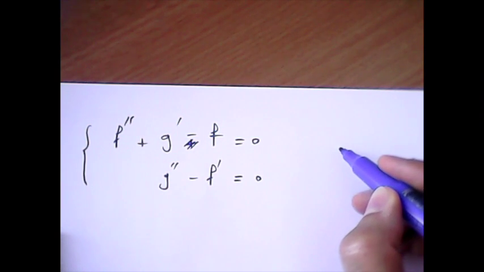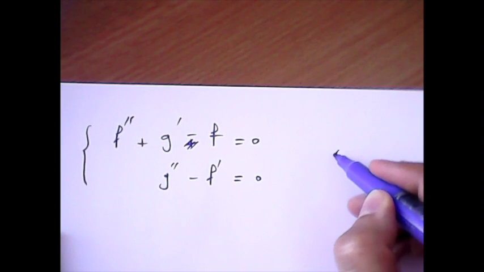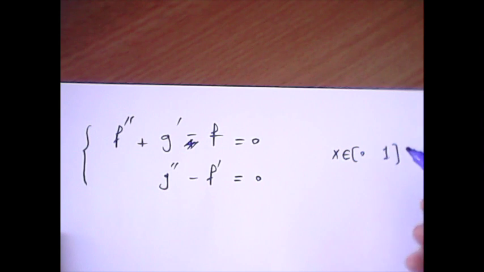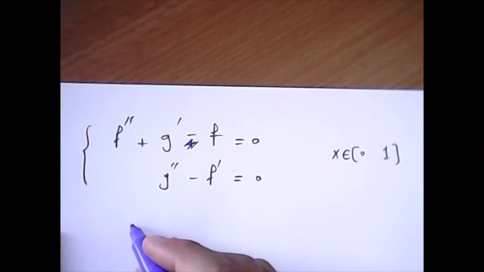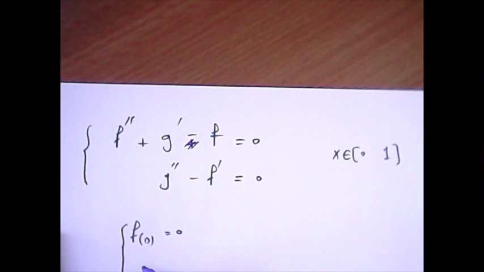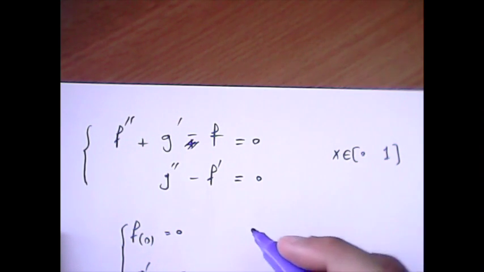G and f are both defined on the domain 0 to 1. The boundary conditions are as follows. F of 0 equals 0. G prime at 0 is equal to 2.